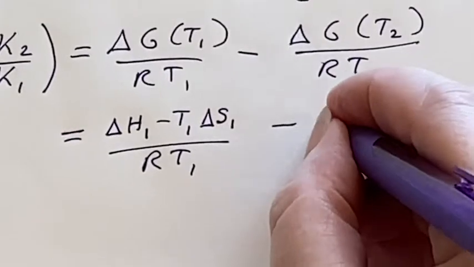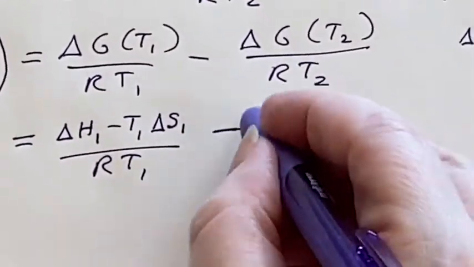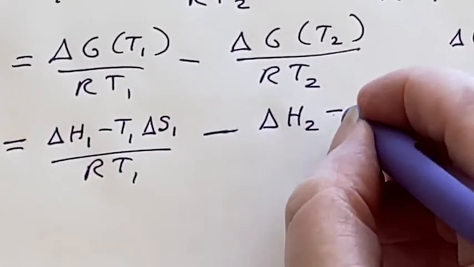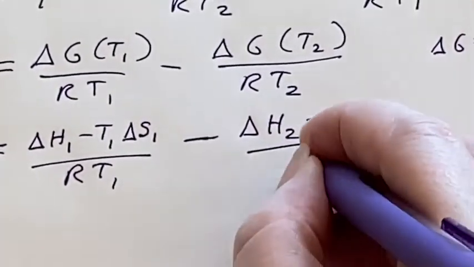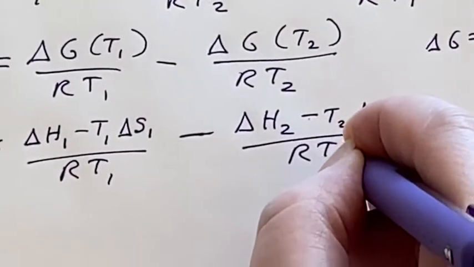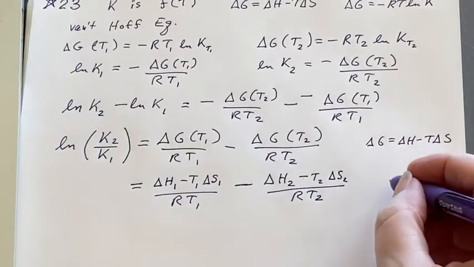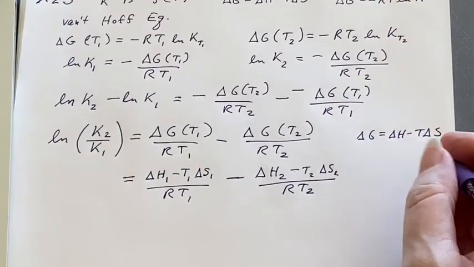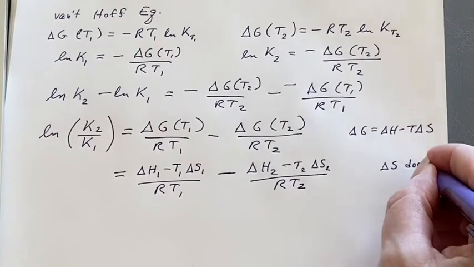And this would be delta H2 minus, and remember this minus is referring to the whole thing here, T2 delta S2 over RT2. This is a little bit of a lie, but we are going to make a not too bad assumption that delta S does not depend on temperature.